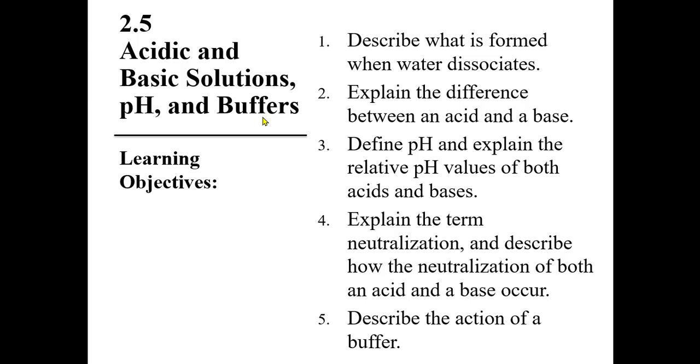Now there are certain pHs I want you to memorize, and these are the ones you need to know. Your stomach acid is pH 2. That's important for a test. Your mouth is pH 6. Pure water is pH 7.